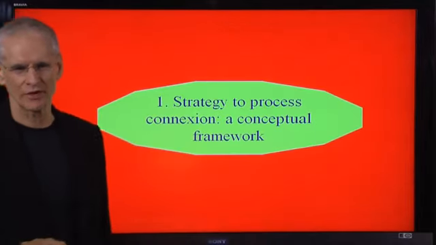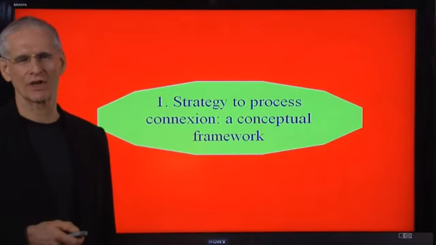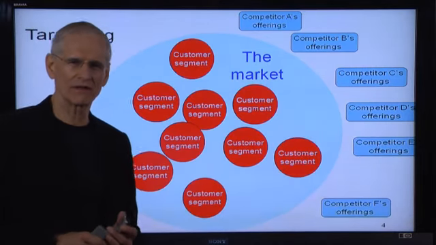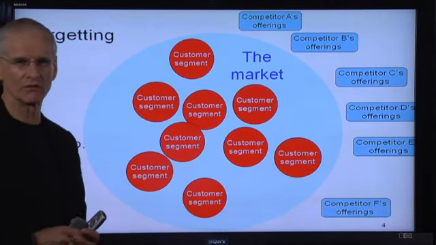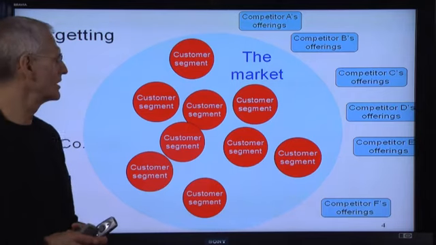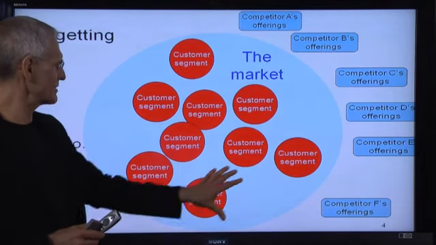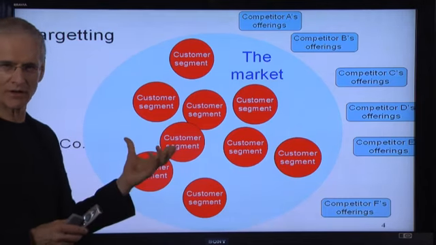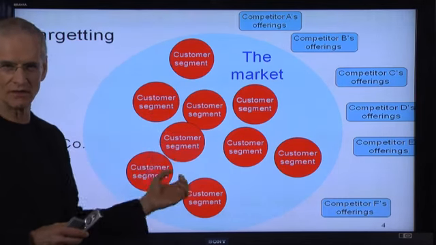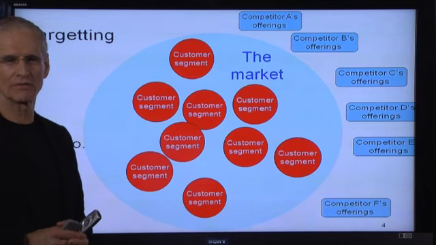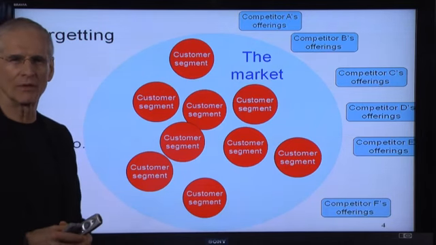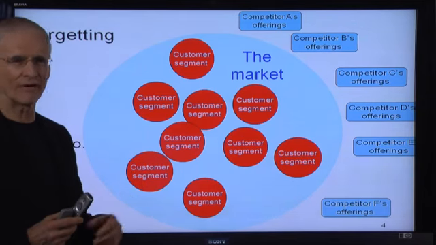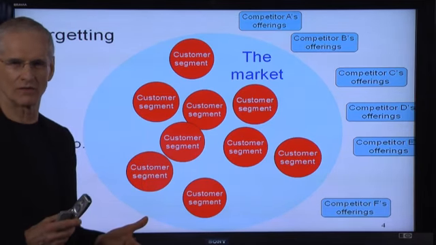The theory of it first, strategy to process, the connection. Here's a conceptualization of what I'm talking about. Imagine that this big circle is a market, and that segmenting consists in grouping in small circles people with various characteristics, needs, features, preferences, attitudes, whatever.